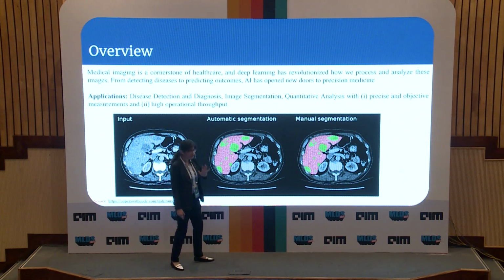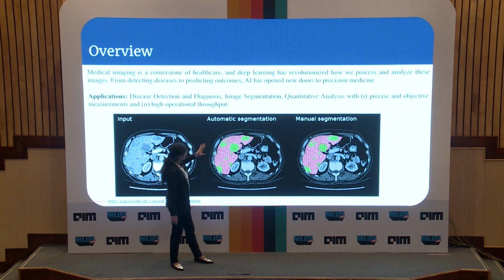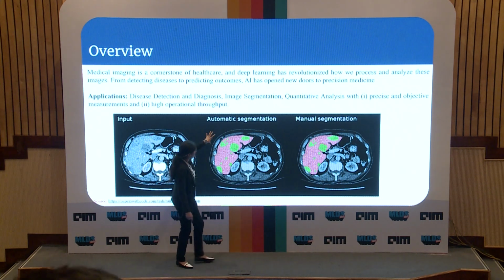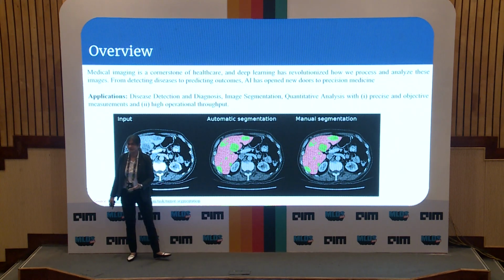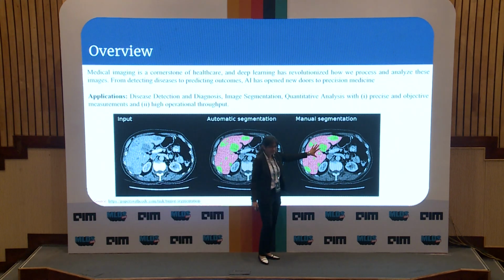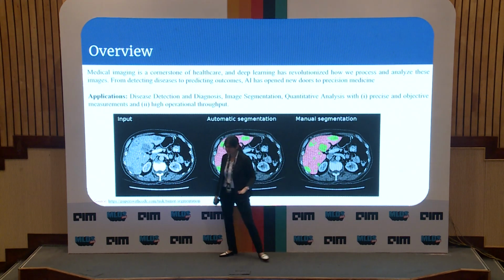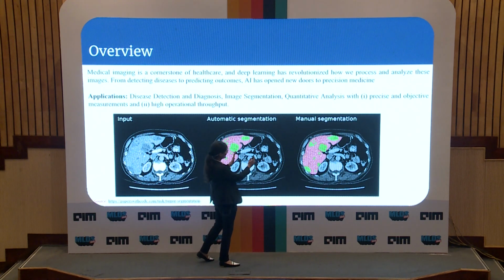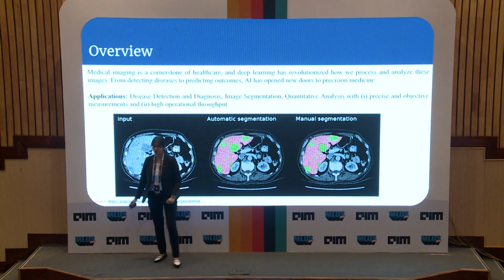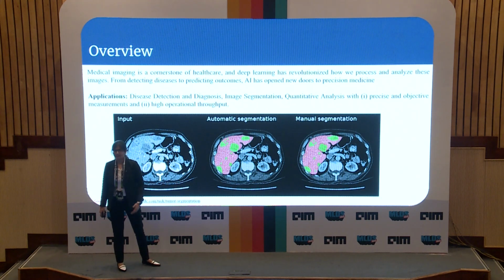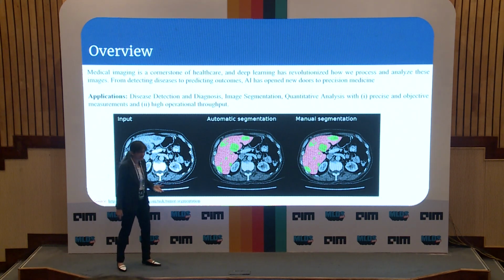If you carefully observe the results we are getting in the automatic segmentation, when we say automatic, it is done by our deep learning model, automating our task. Manual segmentation is done by experts, radiologists. The results we are getting are very, very close to each other. That's the power of the deep learning architectures that we have.